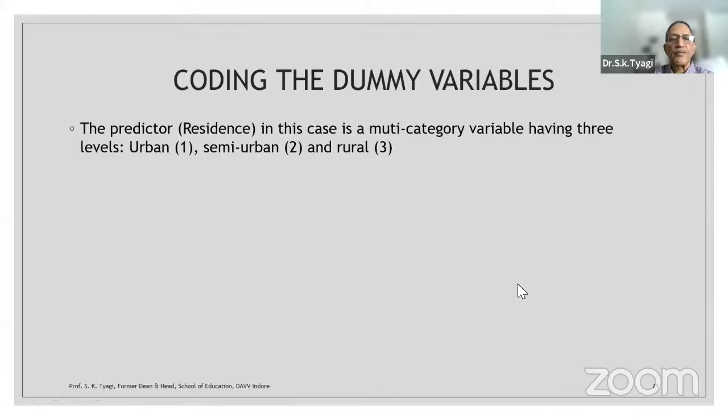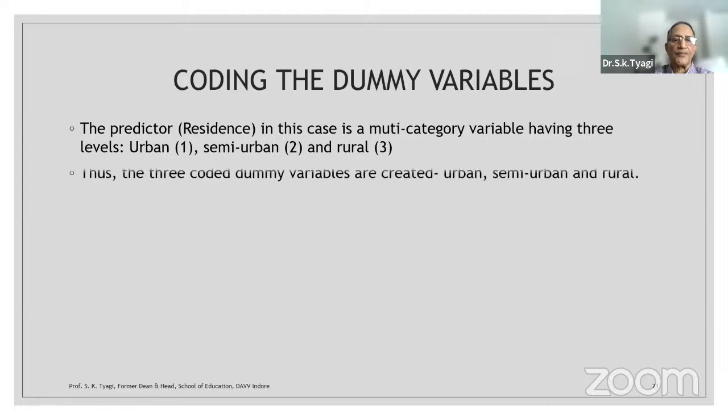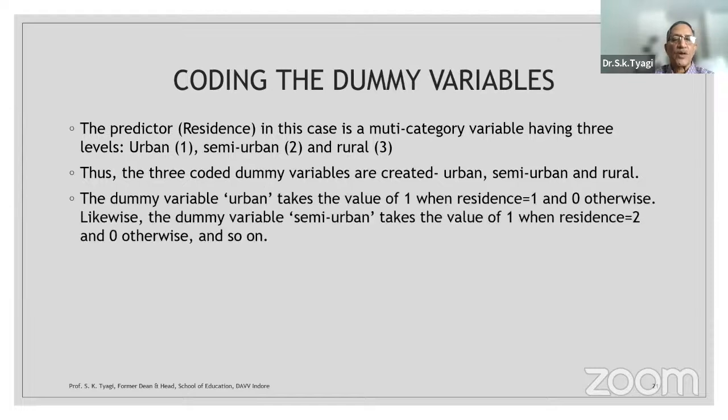Coding the dummy variable. The predictor residence in this case is a multi-category variable having 3 levels: urban, semi-urban, and rural, 1, 2, 3. This is the original coding. Thus, 3 coded dummy variables are created: urban, semi-urban, and rural. The dummy variable urban takes the value 1 when residence is 1 and 0 otherwise.